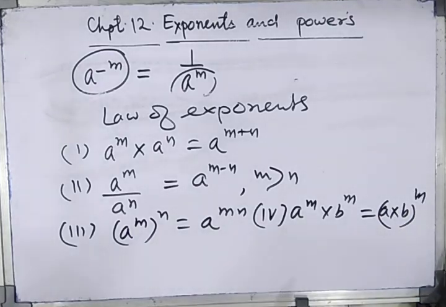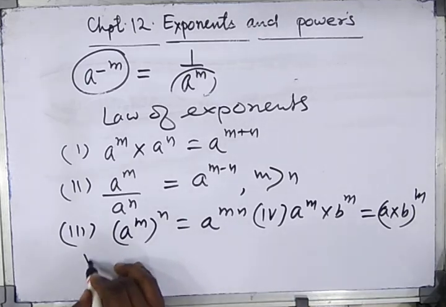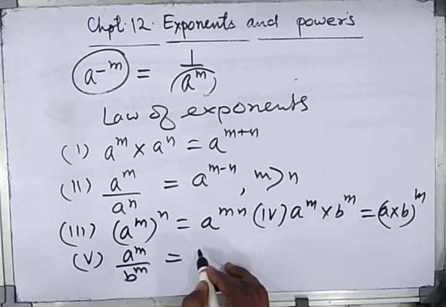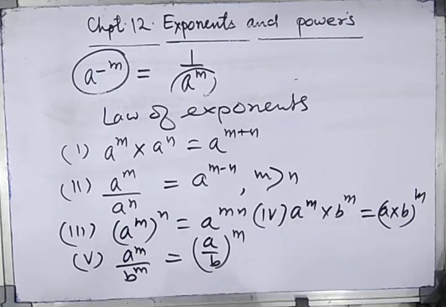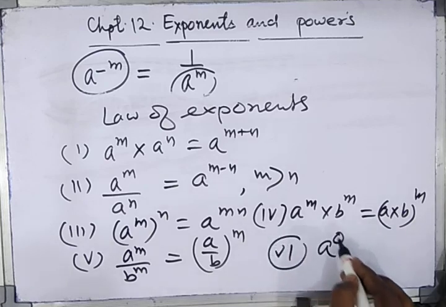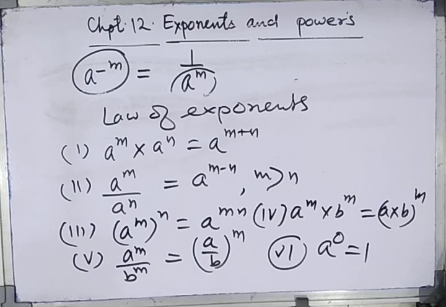And next one, student, fifth one, a raised to m divided by b raised to m is equal to a by b raised to m. And next, sixth one, a raised to 0 is equal to 1. So these are the laws of the exponent, students.